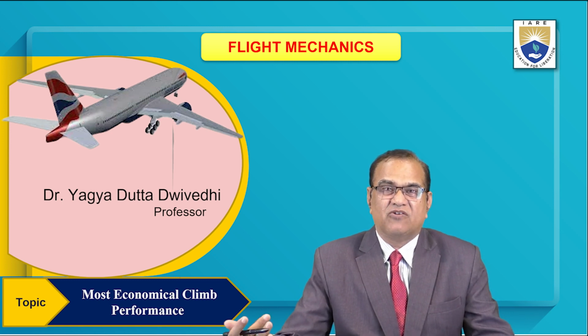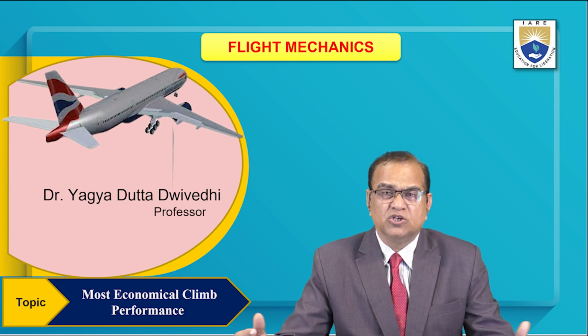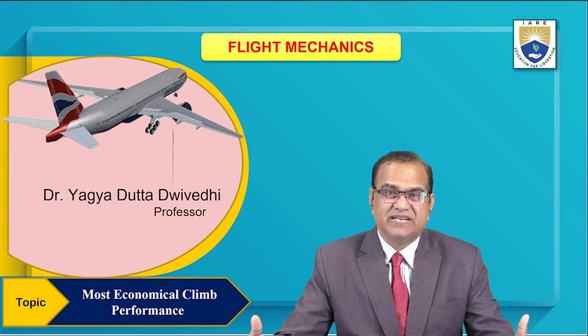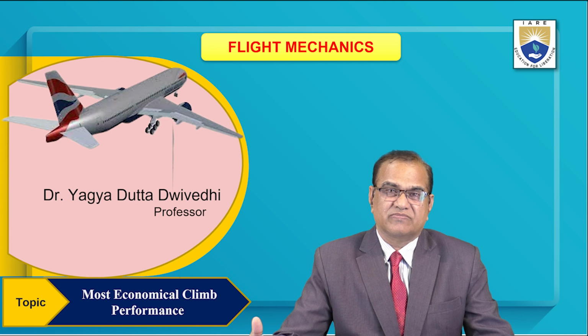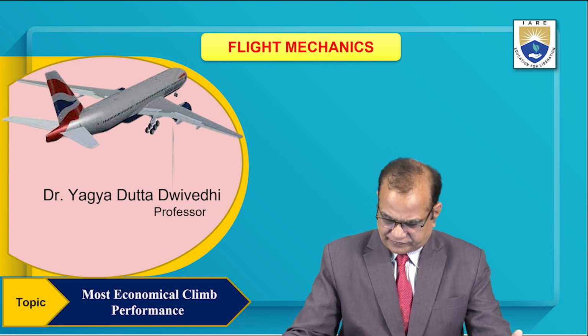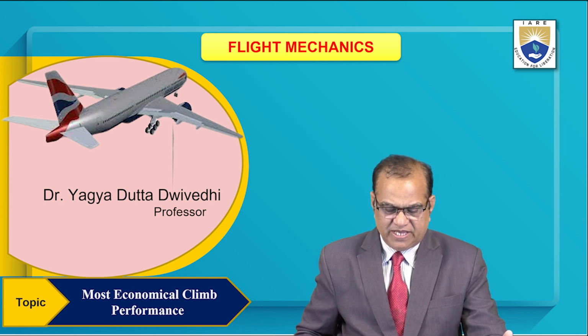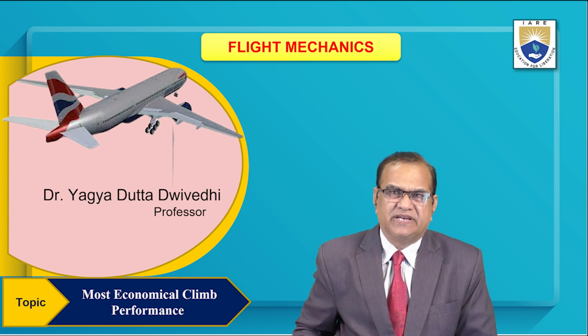And as much excess power as we have, the aircraft climb will be accordingly. So to have the maximum climb, the aircraft should operate at a certain velocity. That velocity is very important, at which you have the minimum thrust required.